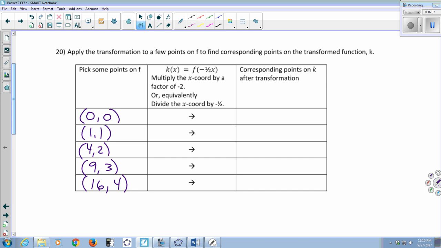So it's going to sort of do the opposite of what you think. So I'm going to multiply all my x coordinates by a factor of -2. All my x coordinates by -2. So 0, 0 stays where it is, and 1 times -2 is -2. Then -8, 2, -18, 3, and -32, 4.